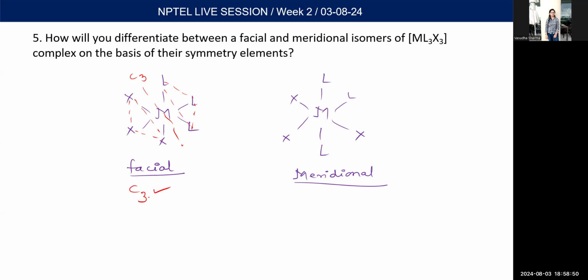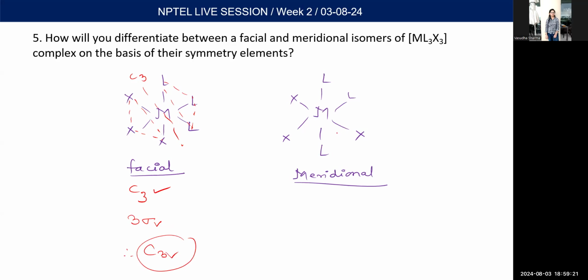Similarly, C3 is there, but we don't find any C2 over here, because even if we take any axis, it would not give anything. But corresponding to C3, there would be 3 sigma V's. And so this belongs to the C3V point group.